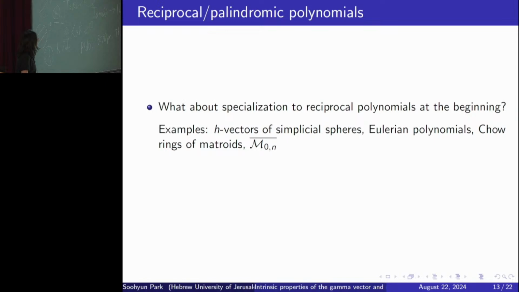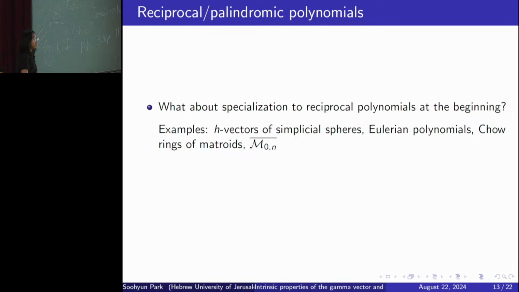So, as a recap of the setup, by reciprocal polynomials we mean the usual setting Shinchen mentioned: if you flip the coefficients around, it's still the same. This includes a lot of the things we care about, like h-vectors of simplicial spheres. You can think of h-vectors as equivalent information to the f-vectors, the number of faces of each dimension, and the h-vector is just a form that's nicer for algebraic considerations.